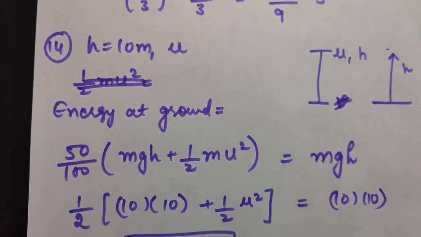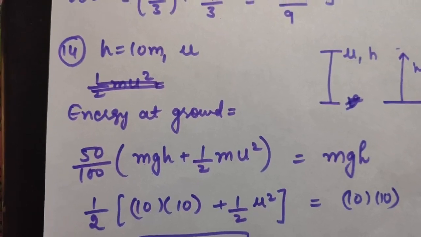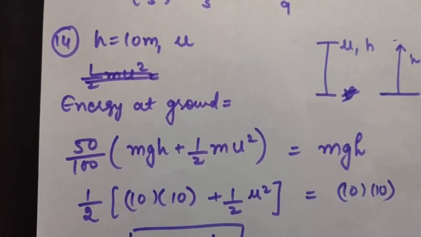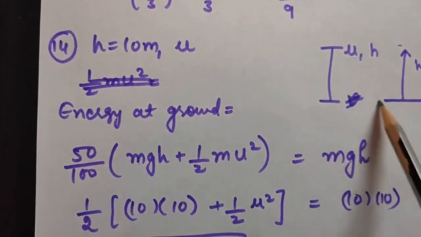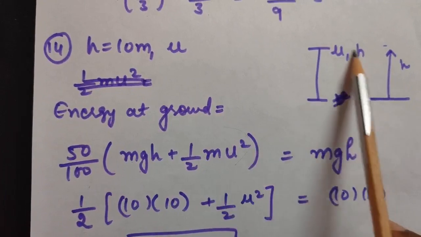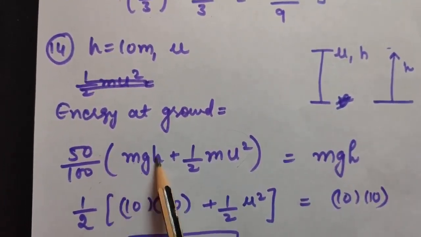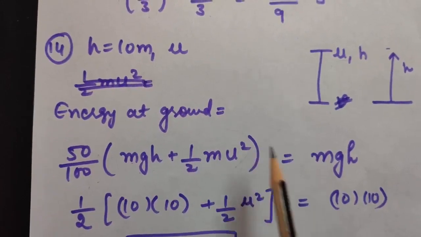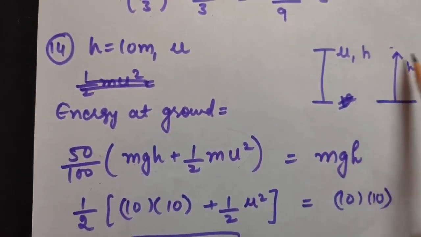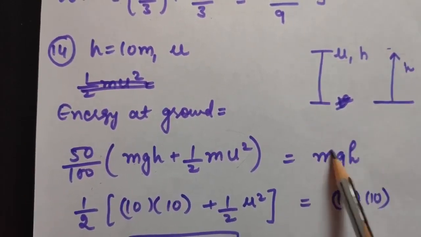But it is given after striking, the energy becomes 50% of initial energy, or you can say it has lost 50% of its energy. So we can say at ground point it will be having 50% of its initial energy, that is energy at this point. So that is 50% of (mgh plus half mu square) equal to, now when it will again rise to the same height, let's say the height is h, so the energy will become mgh.